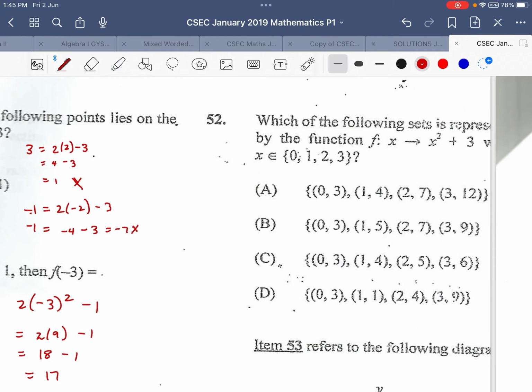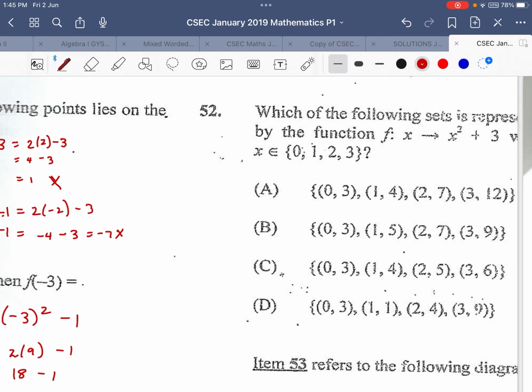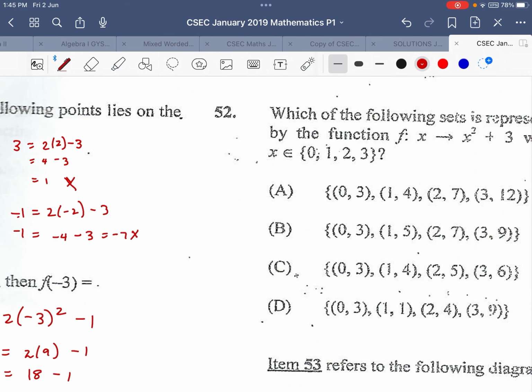Okay, next item 52. Which of the following sets is represented by the function f of x equals x squared plus 3? I'm guessing when x is 0, 1, 2, and 3.